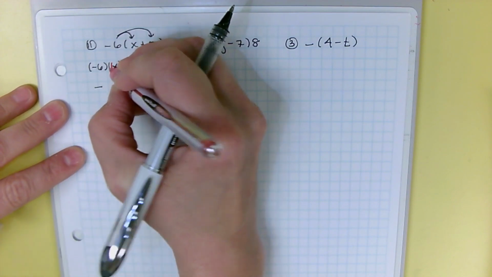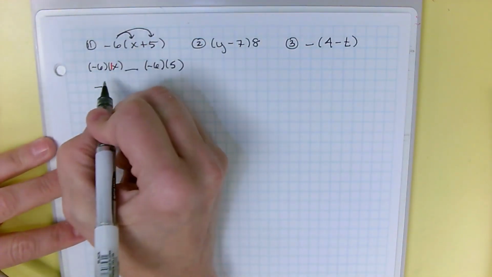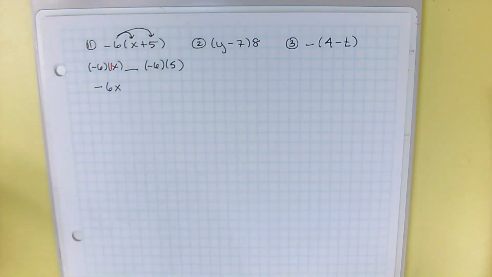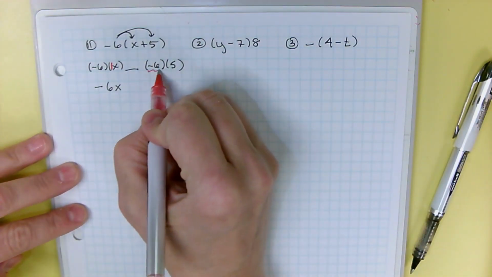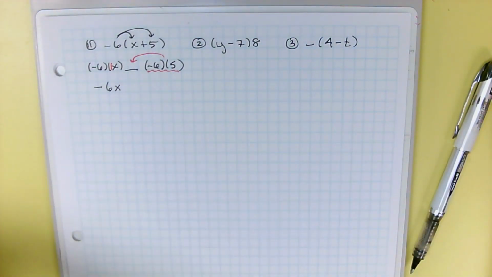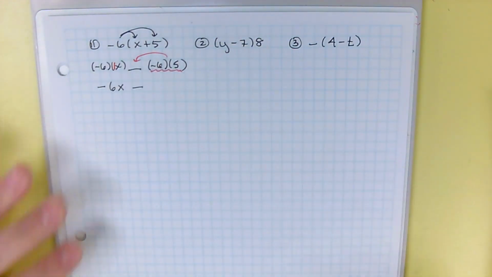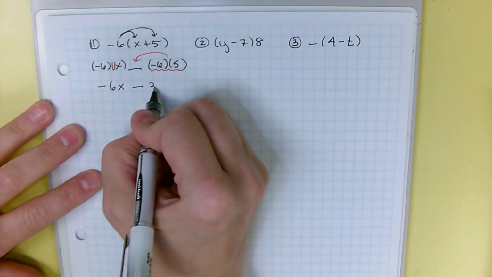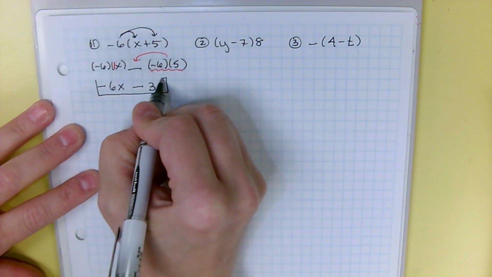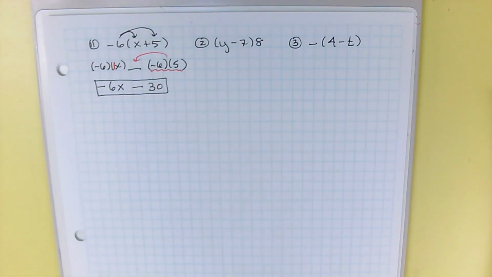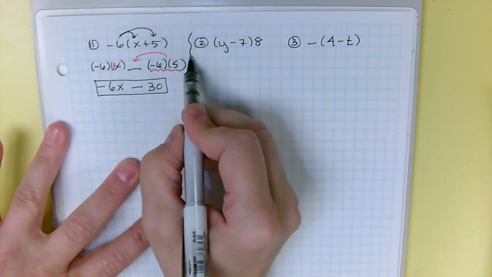And then there's an invisible 1 on that x. 6 times 1 is 6. Tag the x. Now remember, whatever sign you get from those two is what goes in the middle. So a negative times a positive is a negative. 6 times 5 is 30. That is your answer. So that's the one that looks the most like the notes.